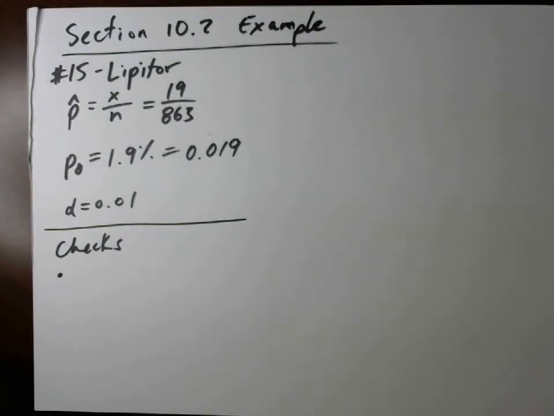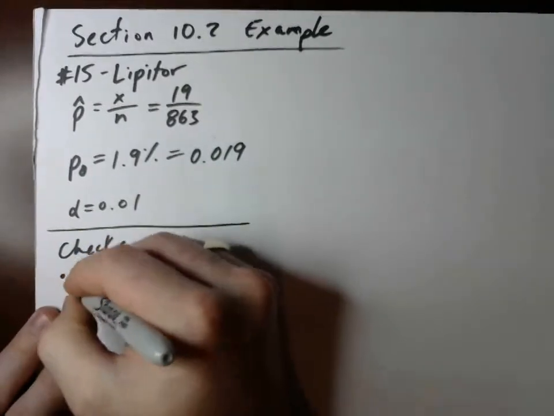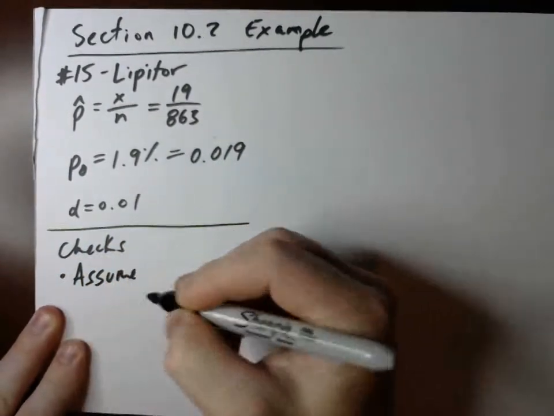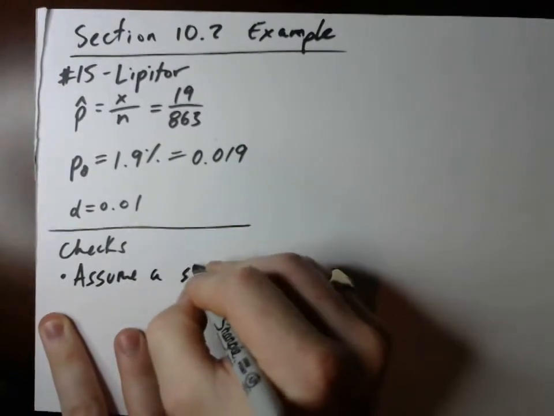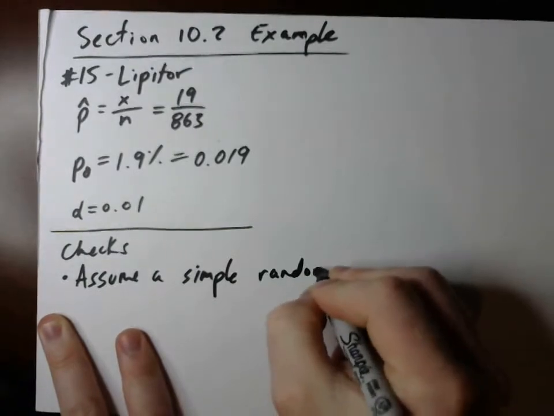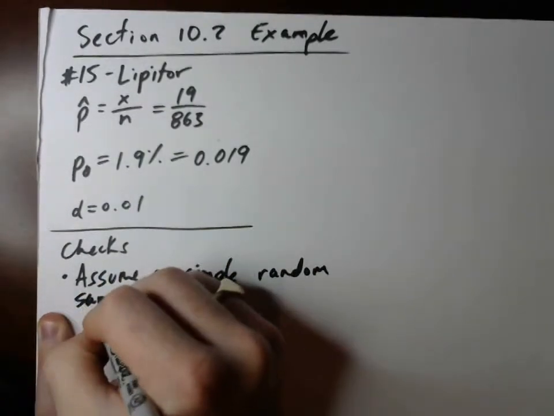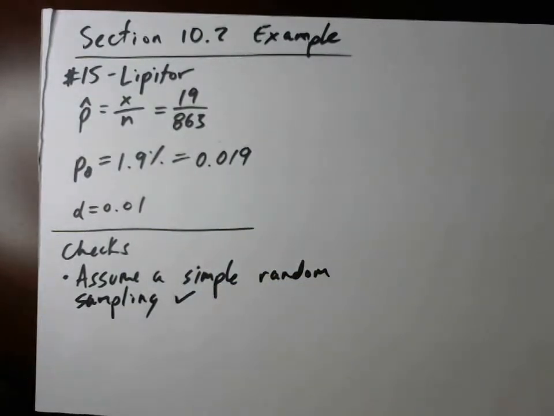But if it doesn't say how they did the sampling, we can just assume that they have a random sampling. So if it doesn't mention anything about it, assume a simple random sampling. Check. We got that one done.